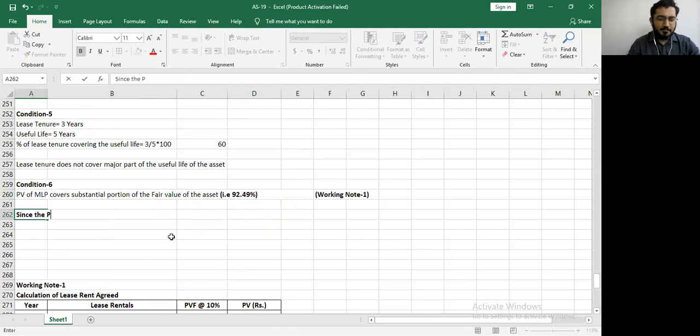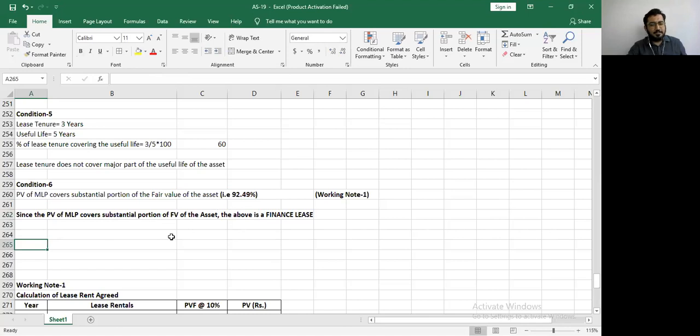Since the present value of MLP covers substantial portion of fair value of the asset, the above is a finance lease.